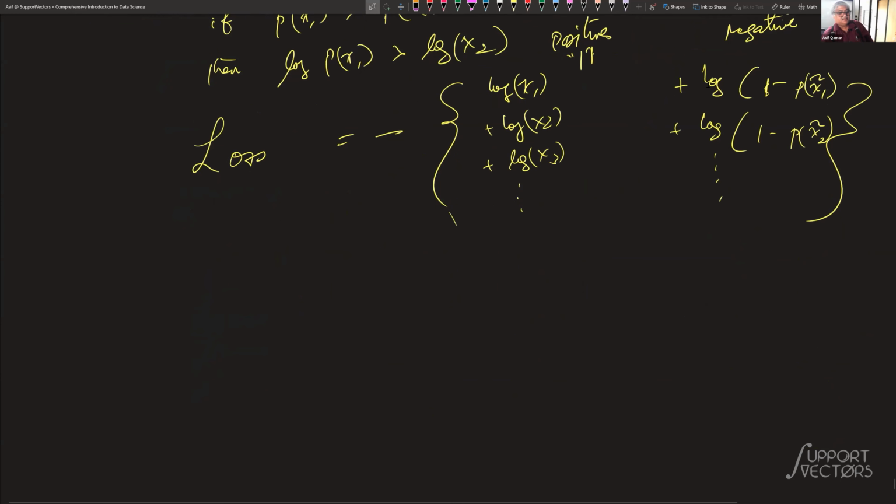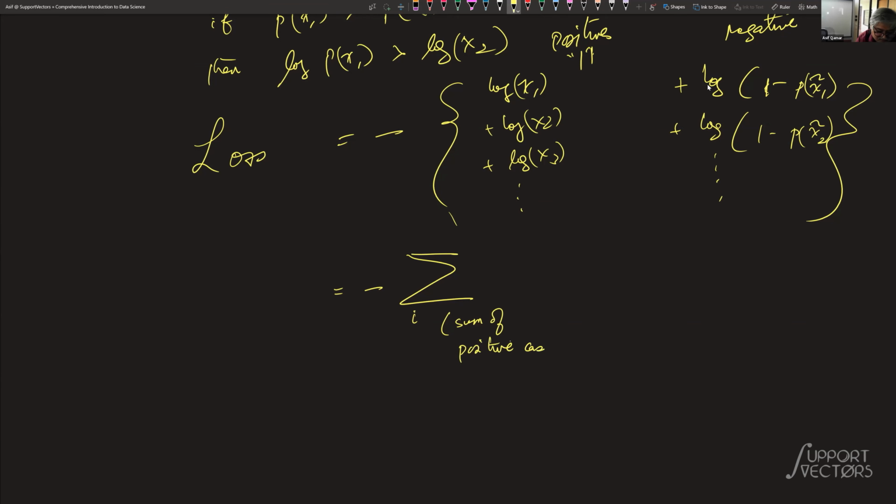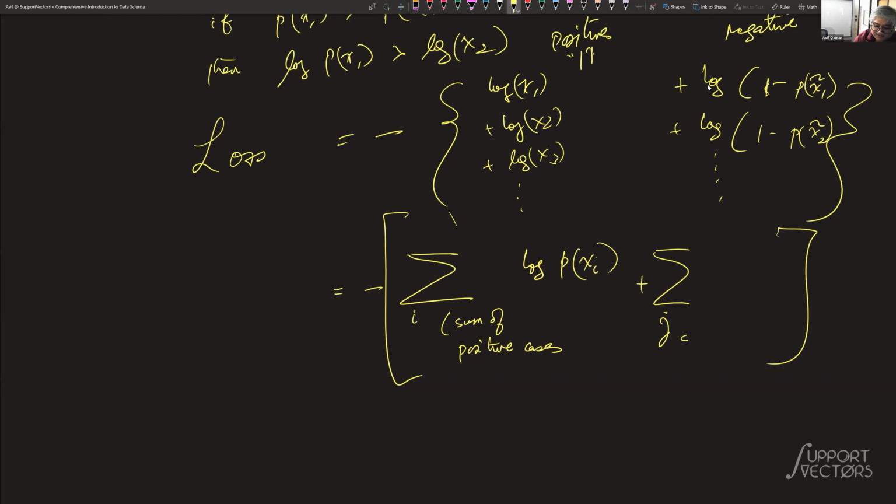Now, this is a rather tedious notation, so we'll write it in a more succinct notation. Minus sum over positive cases, log p(xi), plus summation over j, sum over negative cases, log of 1 minus p(xj).